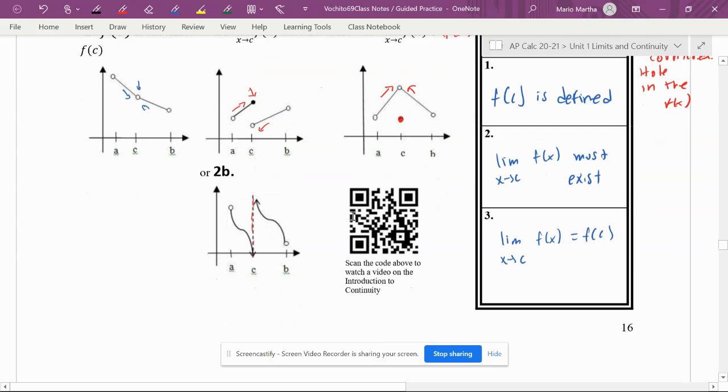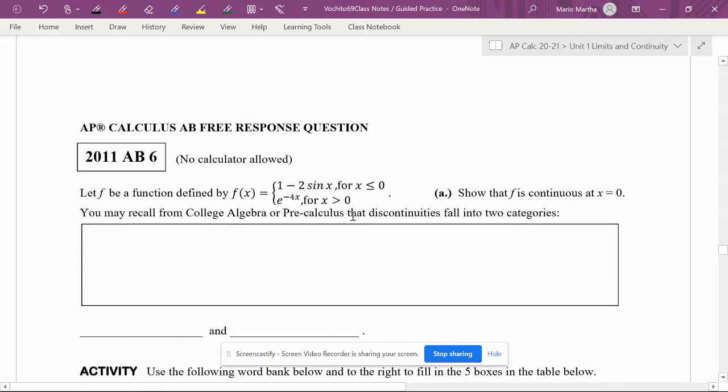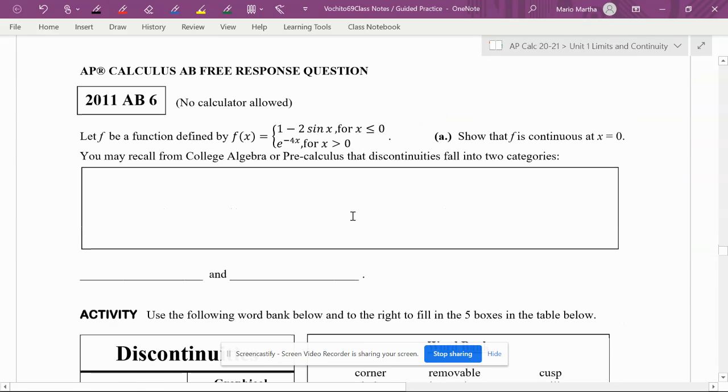Let's look at the next part. This was a question in the year 2011, one of the free response questions. Let f be a function defined by f of x equals 1 minus 2 sine of x for x less than or equal to 0, and e to the negative 4x for x greater than 0. This is a piecewise function.